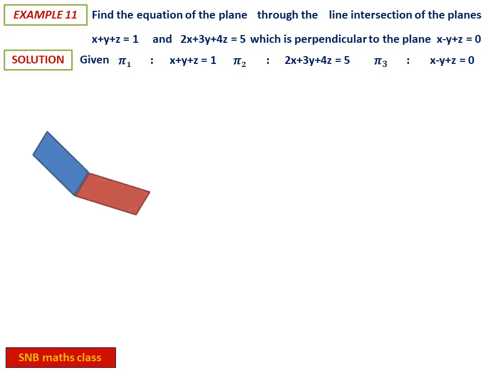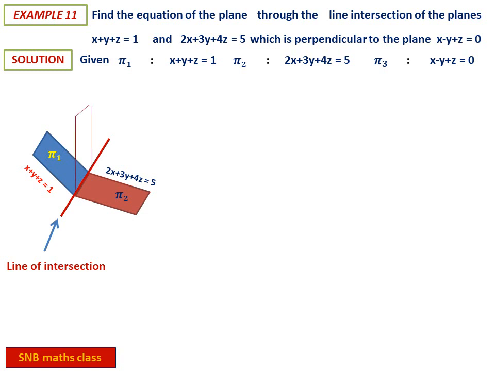See, this is the first plane and this is the second plane. Let us say this is pi 1 whose equation is x plus y plus z equal to 1, and pi 2 is this plane whose equation is 2x plus 3y plus 4z equal to 5, and of course this is the line of intersection.